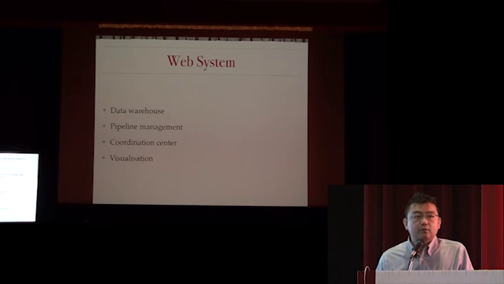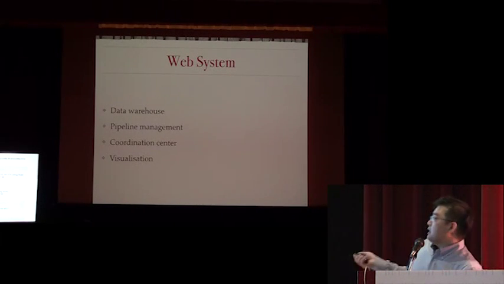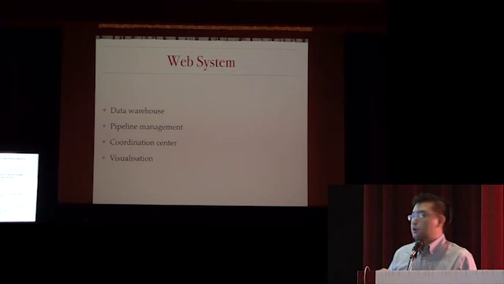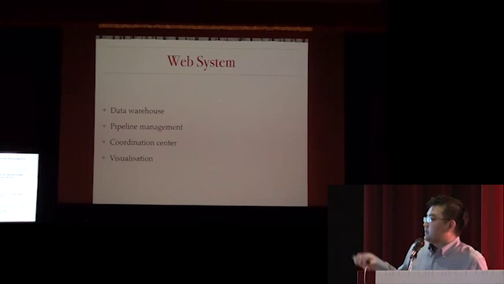Okay, or you can create some web system for data warehousing or pipeline management, or you can do a coordination center that handles the general work for bioinformatics, or you can do some work for visualization.